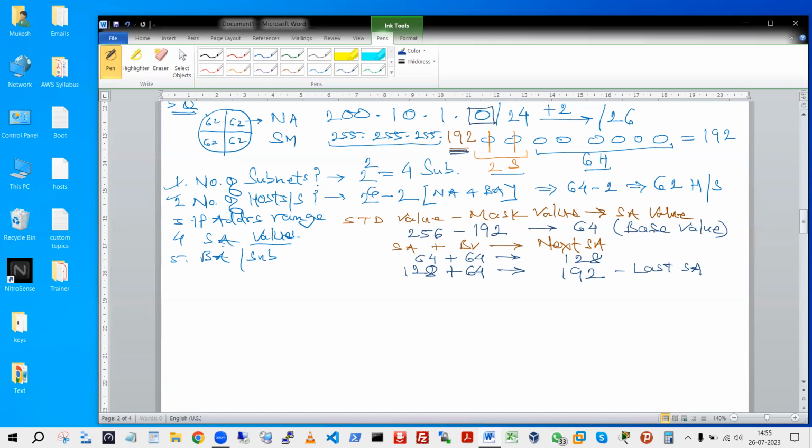So 0 is going to be your first subnet address. 64, this is your second subnet address. 128 is the third subnet address and 192 is the last, that is the fourth subnet address.